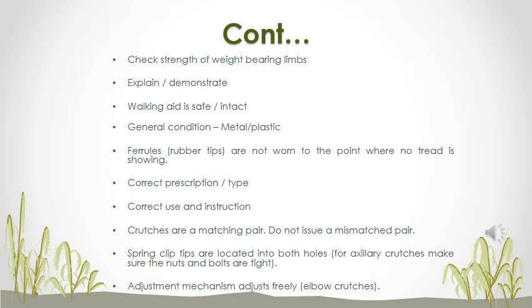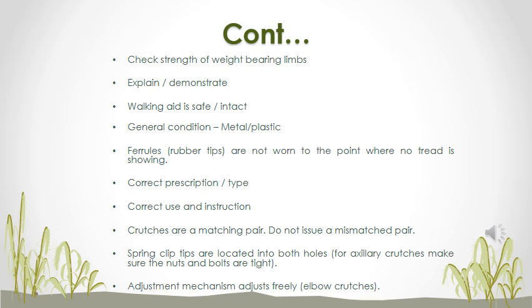The spring tips are located in the hole, so you will see that you have to press that spring clip in on the inside of the crutch, and you will then be able to, with your one hand, pull the bottom of the crutch out or in to make it the correct height. For auxiliary crutches, make sure the nuts and the bolts are tight.